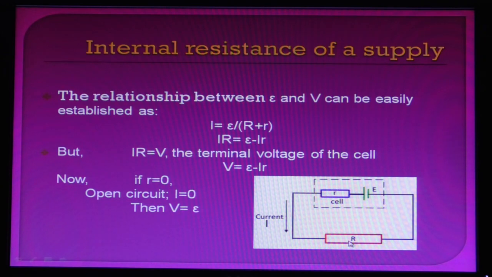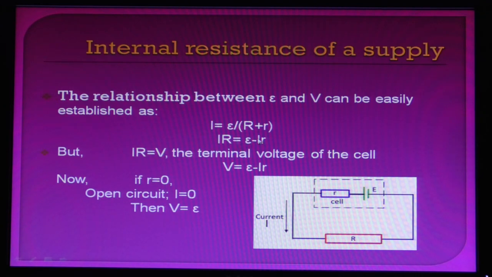We know how to find the equivalent resistance of two resistors: the external load resistor R and the internal resistance small r. The equivalent resistance would be R plus r. So, for I, instead of R equivalent we use R plus r, so I is equal to epsilon over R plus r.